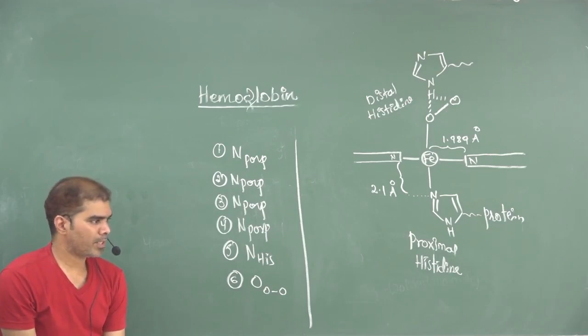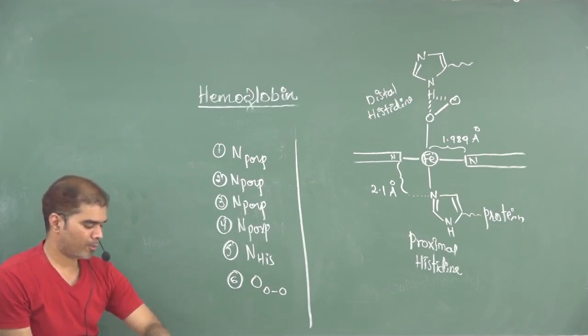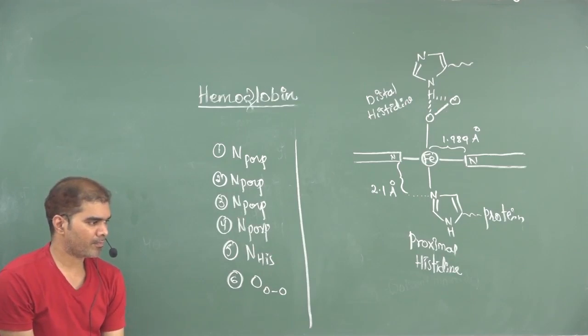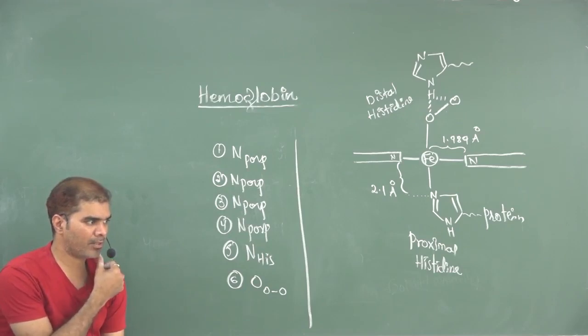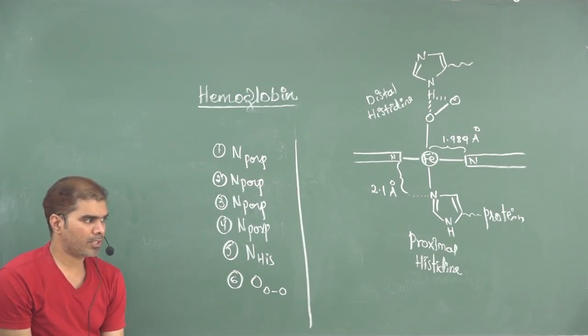4 coordination sites are occupied by nitrogens of porphyrin.